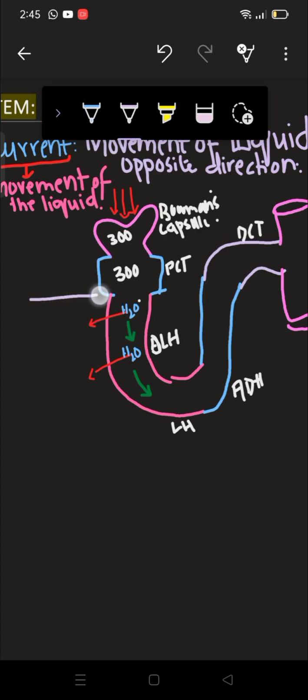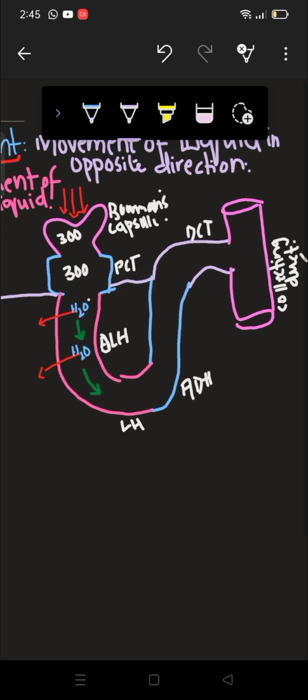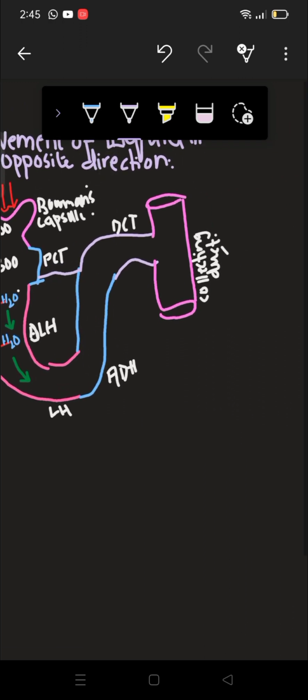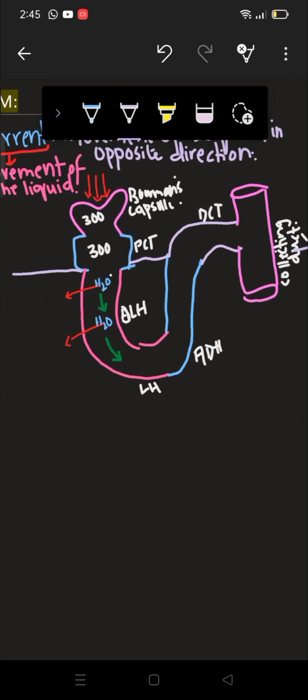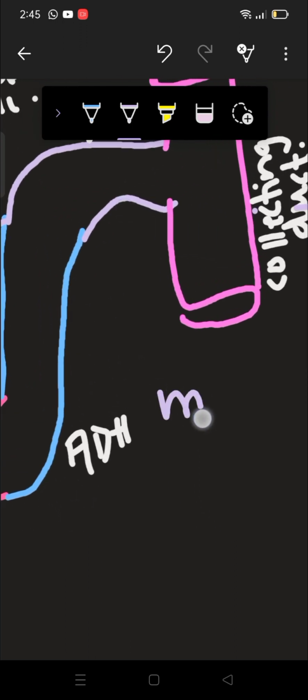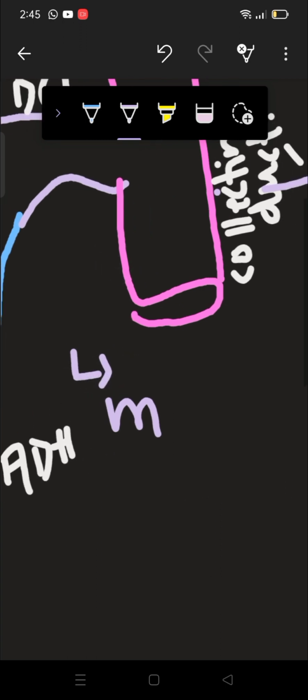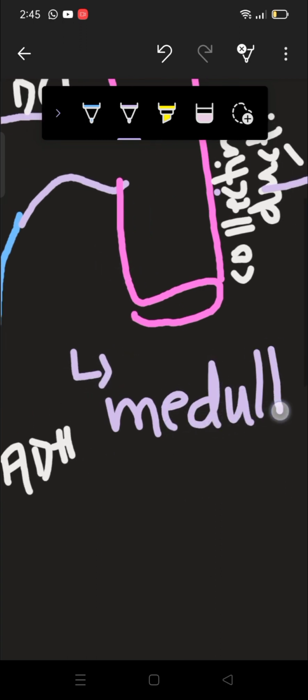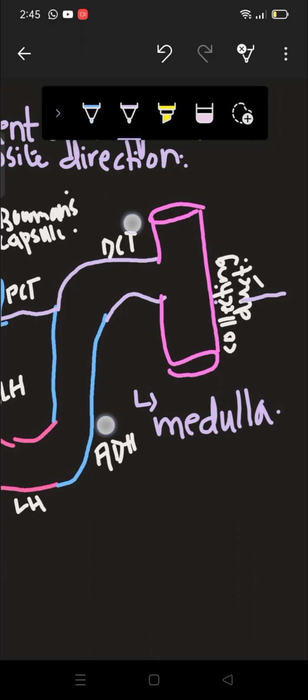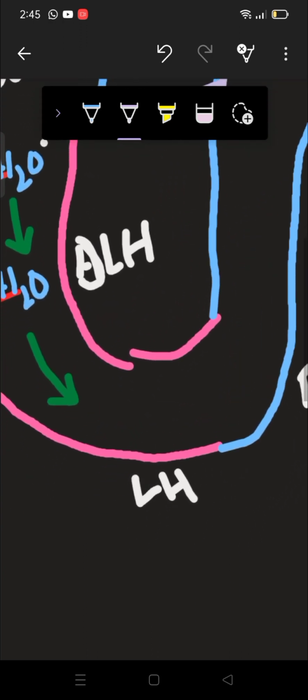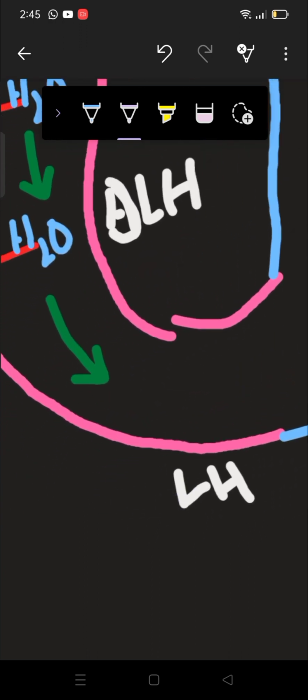PCT, Bowman's capsule, DCT and collecting duct are in the cortex of the kidney. But the loop of Henle, including descending and ascending, is in the medullary region. This is medulla.